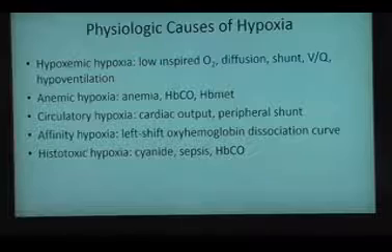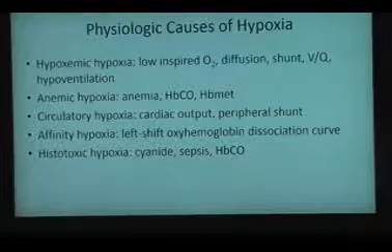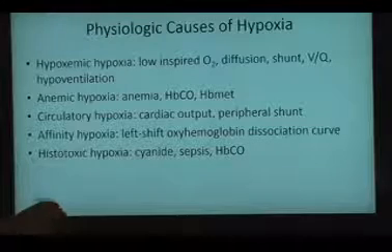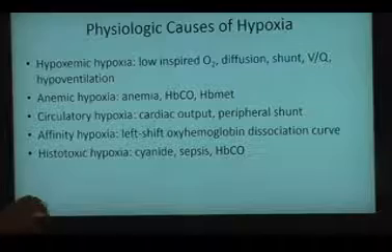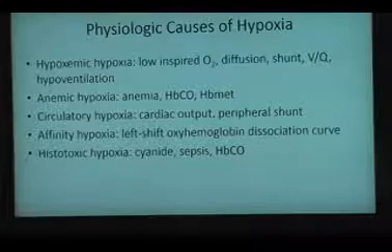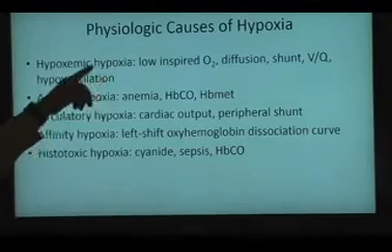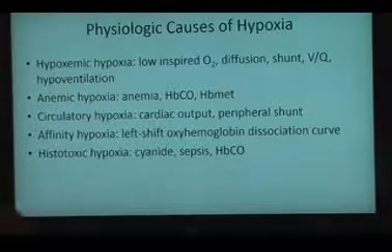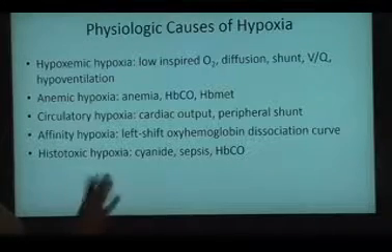So this brings us to physiologic causes of hypoxia. In the last talk we discussed physiologic causes of hypoxemia, a low oxygen in the blood. Physiologic causes of hypoxia here means low oxygen in the tissue. There are 5 causes. A lot of textbooks only list 4, but there are actually 5.